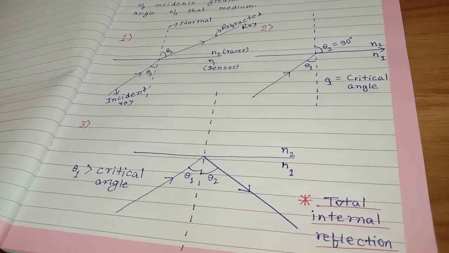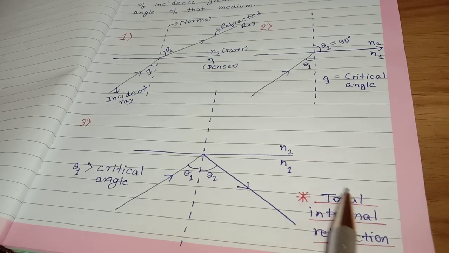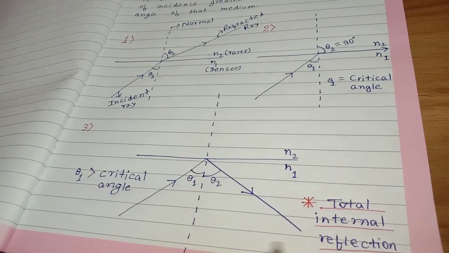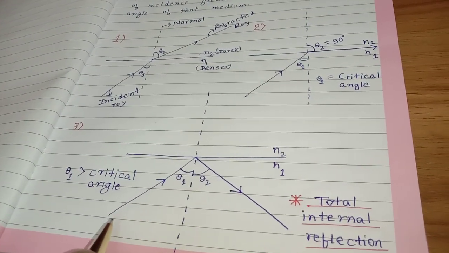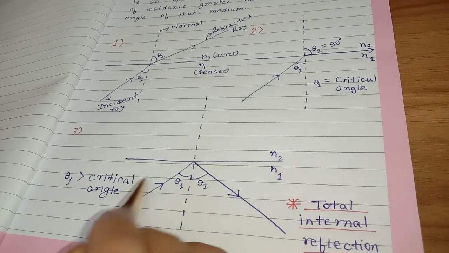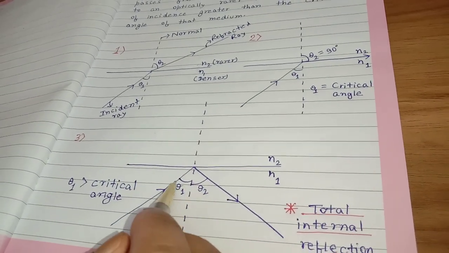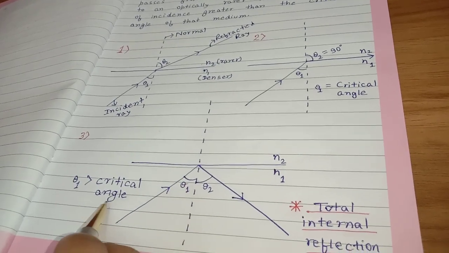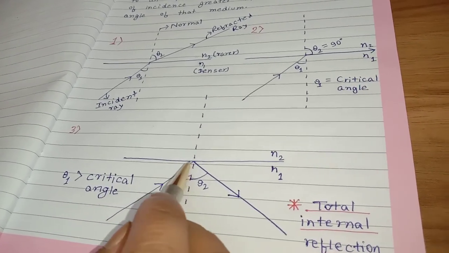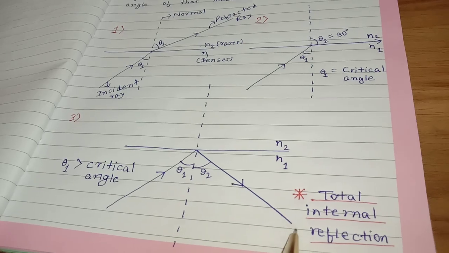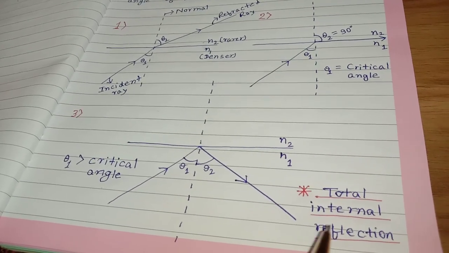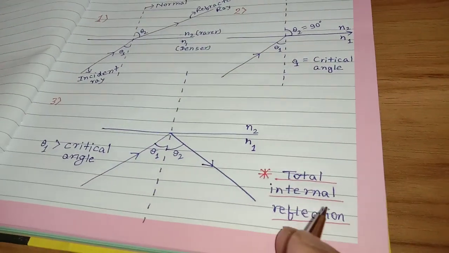You can easily define it based on this diagram: when a ray of light is incident on an interface between the denser medium and the rarer medium at an angle of incidence greater than the critical angle, the ray of light is totally reflected back into the same medium, the denser medium. This phenomenon is called total internal reflection.